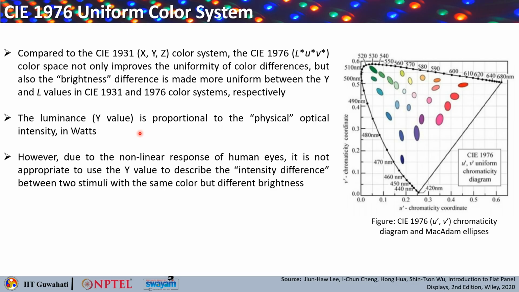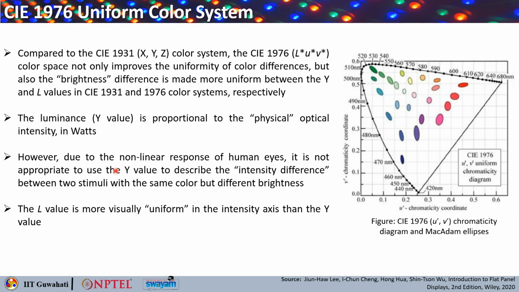The Y value was the luminance that you saw in the 1931 system, which is proportional to the physical optical quantity, meaning in watts. Now your human eyes have a nonlinear response. Because of that, it is not appropriate that the intensity difference between two stimuli with the same color but different brightness should be described using the Y value.